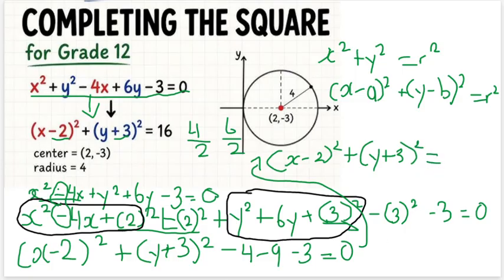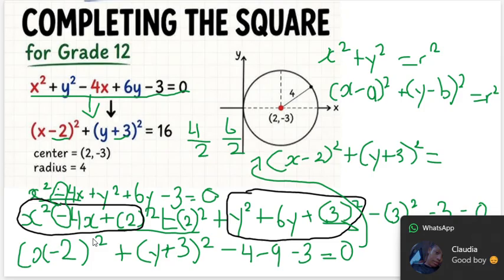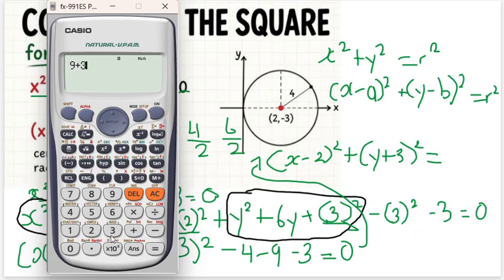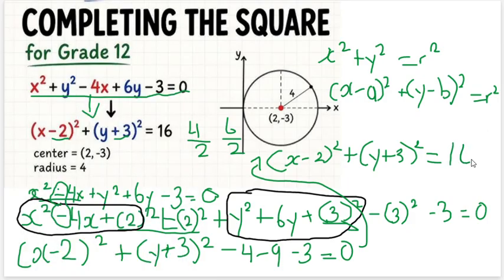And taking all these numbers, let's bring our calculator out. That was 9 plus 3 plus 4, which gives us an answer of 16.